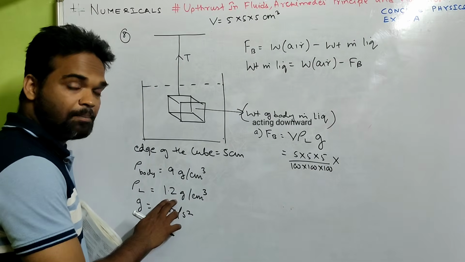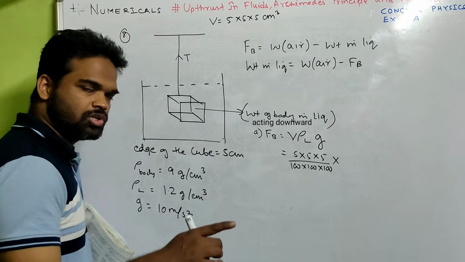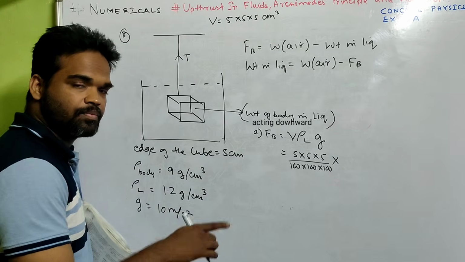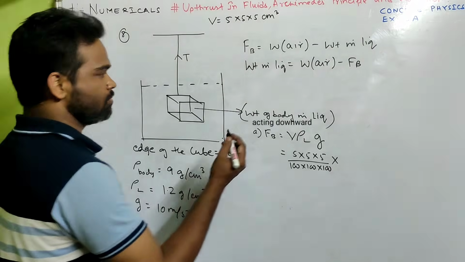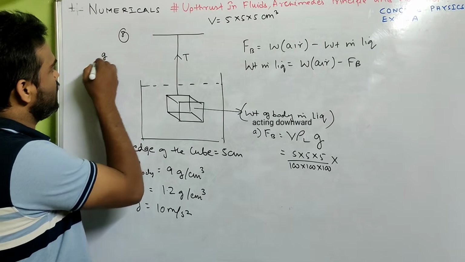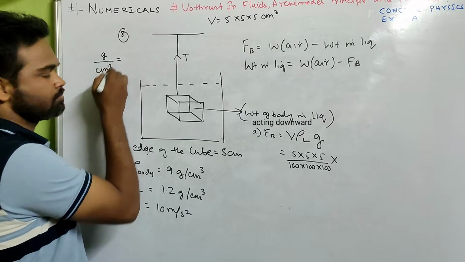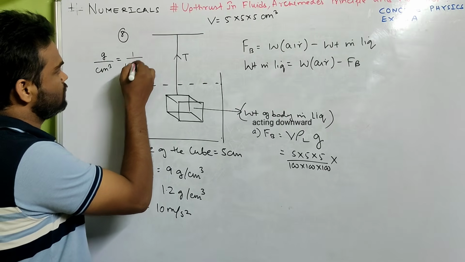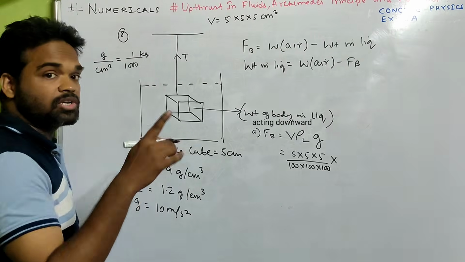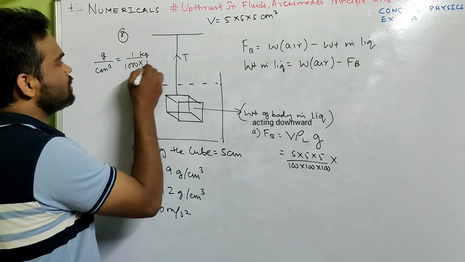Now, from gram per centimeter cube, how do you change to kg per meter cube? You multiply by 1000, isn't it? How come? Just look over here. This is gram per centimeter cube. Now, gram changes to kg, so 1 by 1000. And centimeter changes to meter cube.